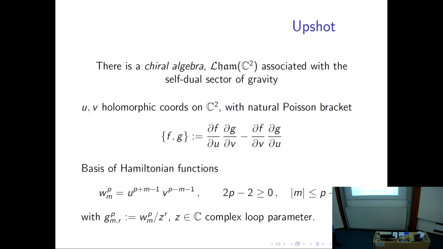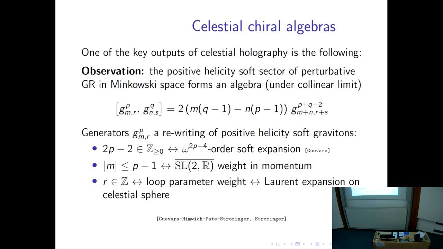Well, let me just pick some holomorphic coordinates on C^2. There's a natural Poisson structure that I can give C^2. And then I can just start writing down bases of Hamiltonian functions associated with that Poisson structure. And if I add a loop parameter, let me call it Z, a complex loop parameter, into the game, it's easy to see that under this Poisson bracket, they form precisely this algebra.